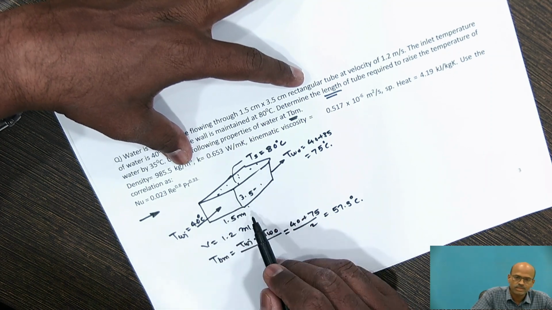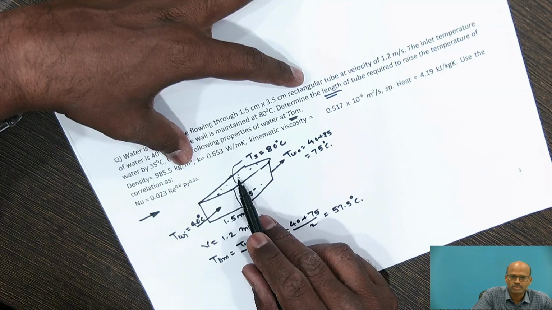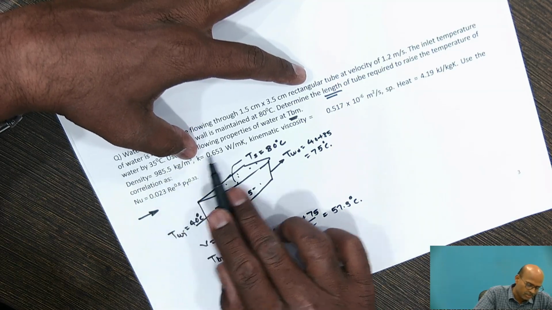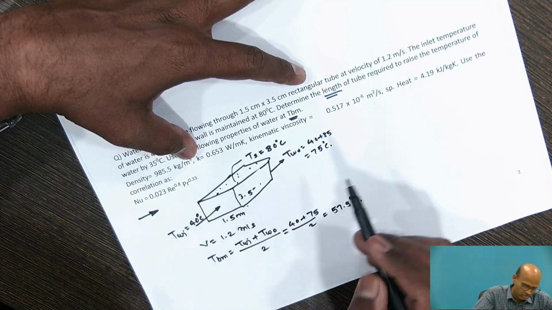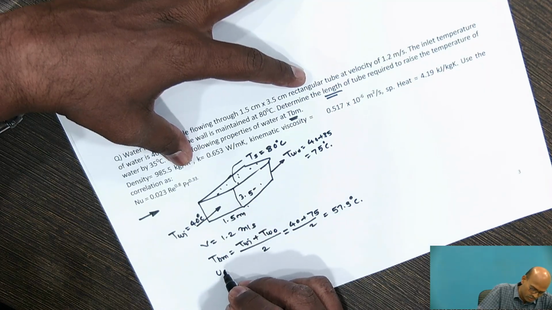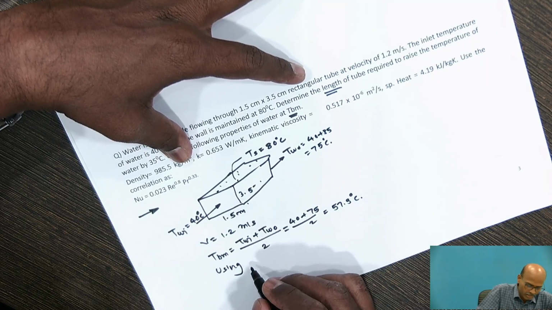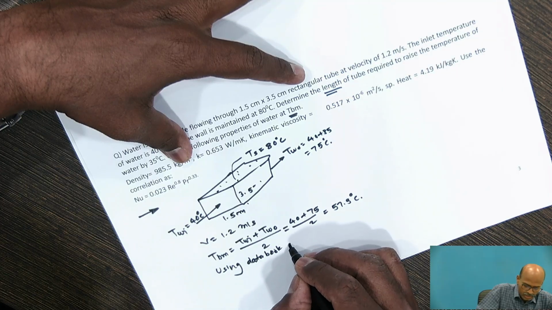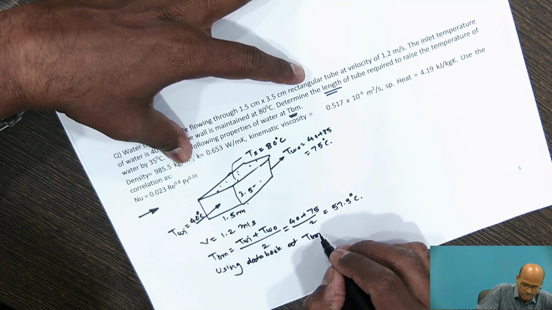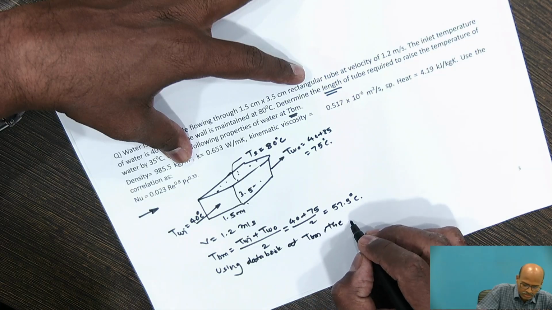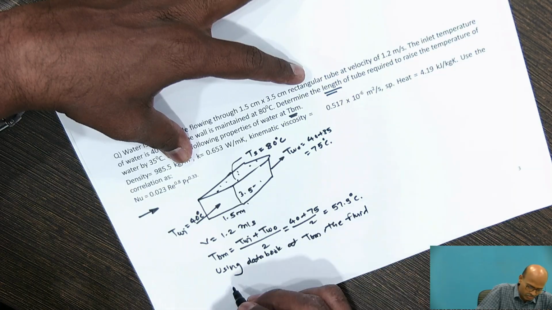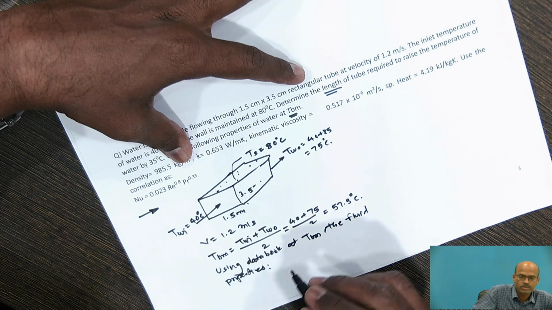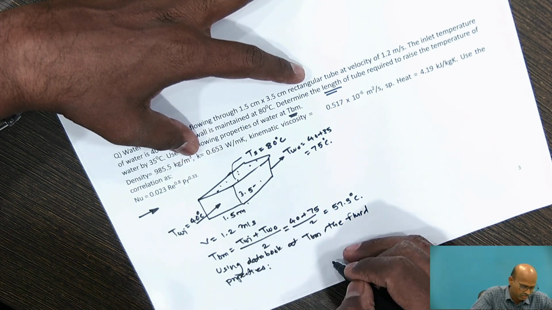Now, water is getting heated as this is the constant wall temperature type of numerical. If the given data is absent, then using the data book, at the bulk mean temperature, the fluid, here water, properties are to be obtained. Now here they have given them, so there is no question.